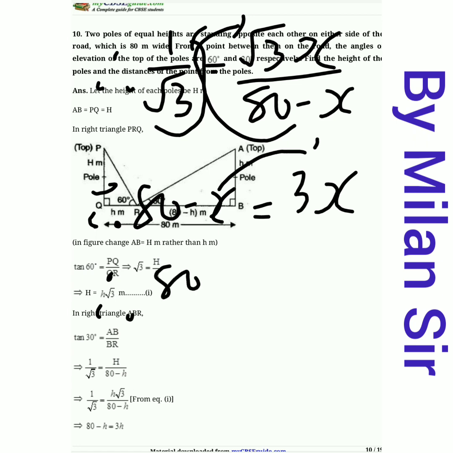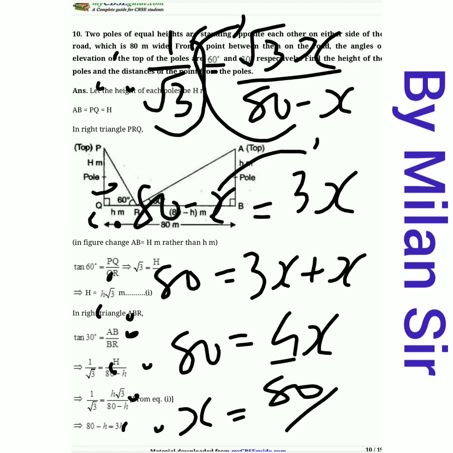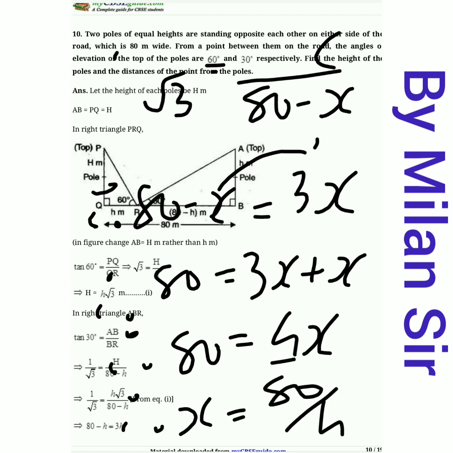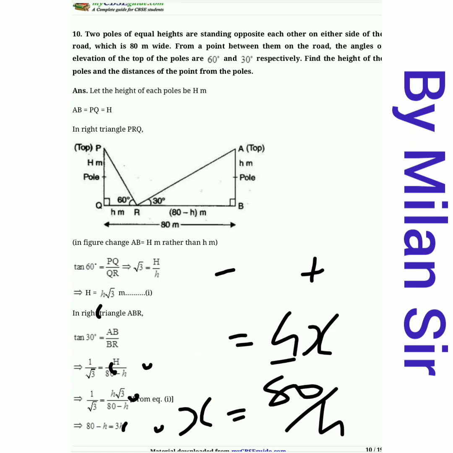So 80 is equals to 3x plus 1x, it is 4x. Then for finding x, transfer this 4 to the left hand side, so 80 by 4. So we get x is equals to 20 meter, right?